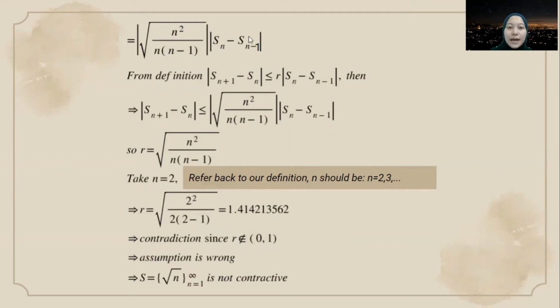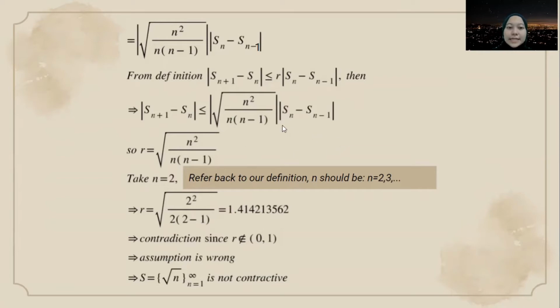From the definition, in modulus S_{n+1} minus S_n is less than or equal to r times S_n minus S_{n-1}, then it implies in modulus S_{n+1} minus S_n is less than in modulus root n squared over n times n minus 1 times in modulus S_n minus S_{n-1}.